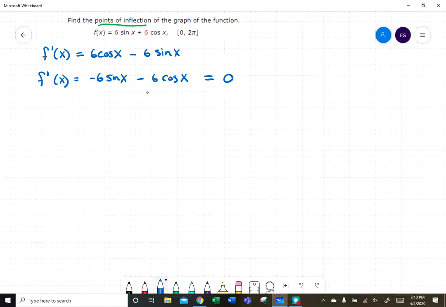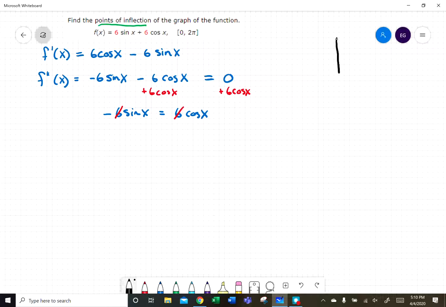We could add 6 cosine x to both sides of the equation, and we want to know when is negative 6 sine of x equal to positive 6 cosine of x. Or we could divide both sides by 6 and eliminate those. Or when is the sine function and the cosine function equal to each other but opposite in signs?